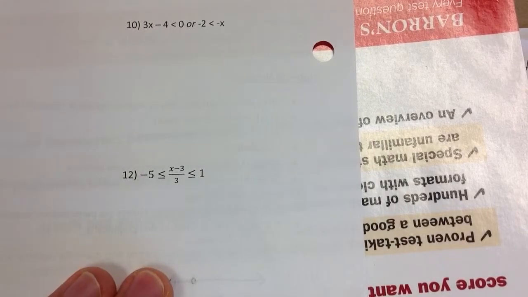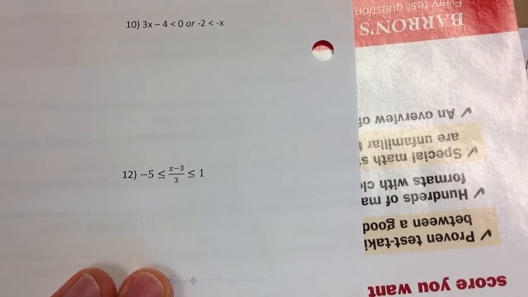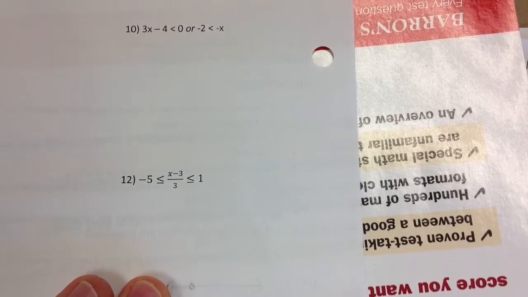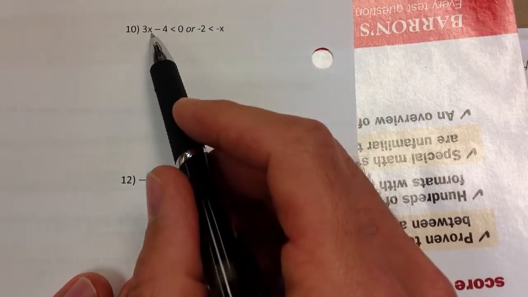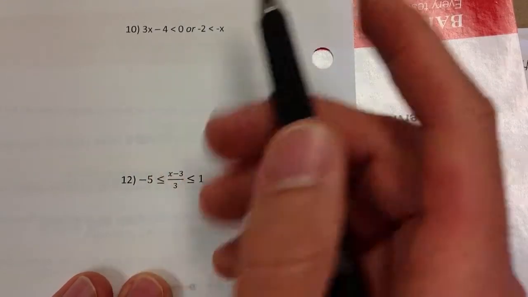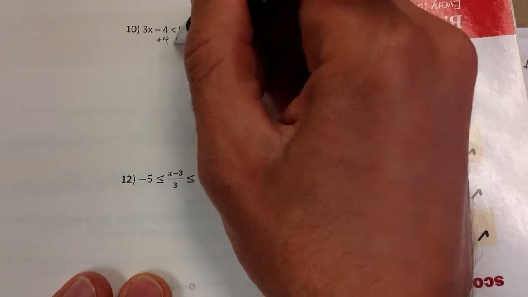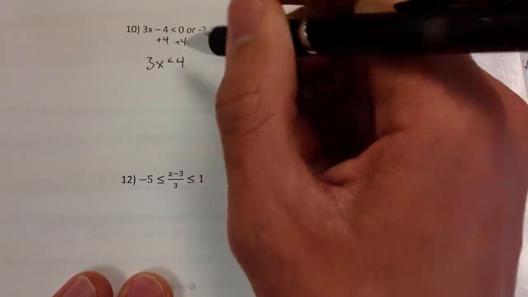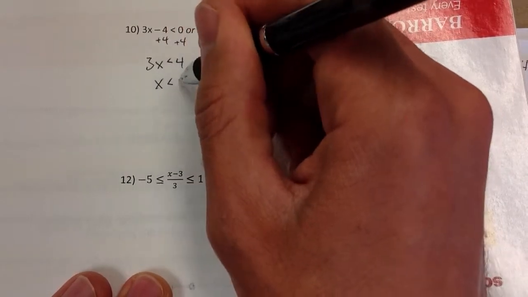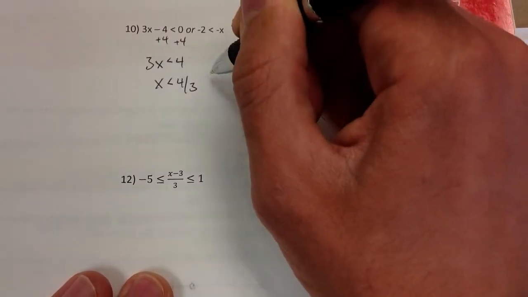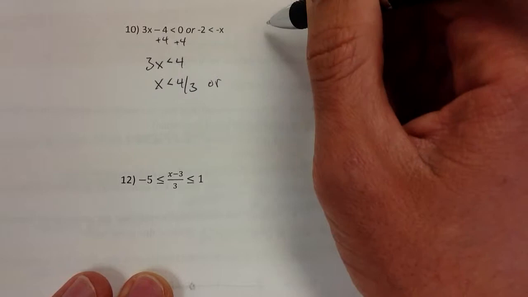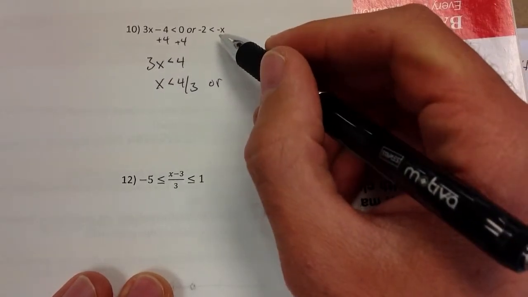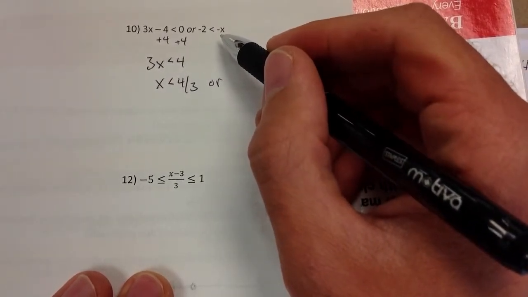This is a compound or inequality. So you solve them both. Now, it's pretty simple. Here we just add 4. You get 3x is less than 4, and then divide both sides by 3. I will leave the or in there. Over here, we're just going to do what?